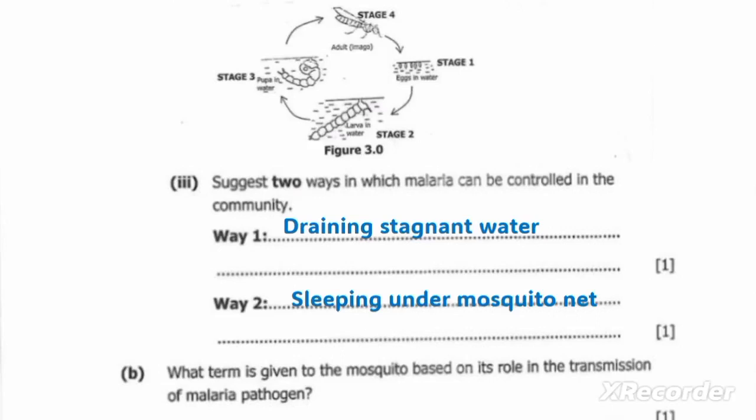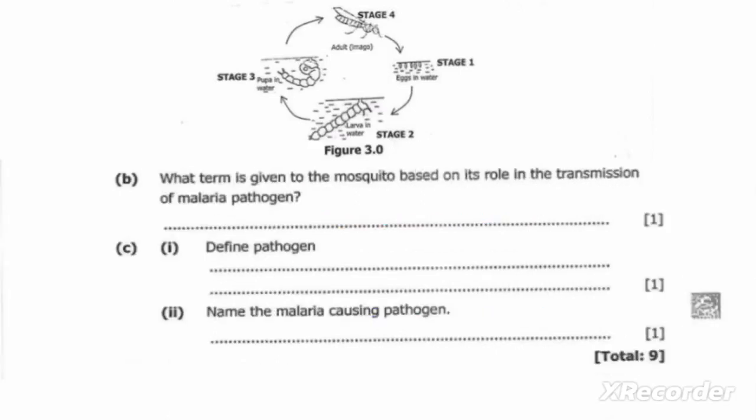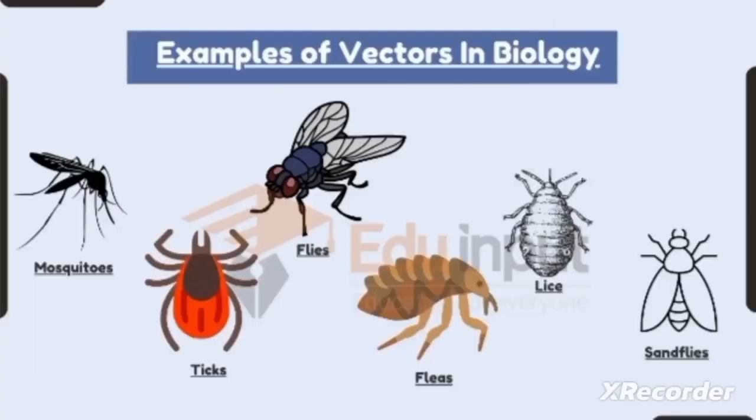Then a housefly is an example of a mechanical vector, because it carries the pathogen on the surface of its body. So we are going to look at a good number of vectors here.